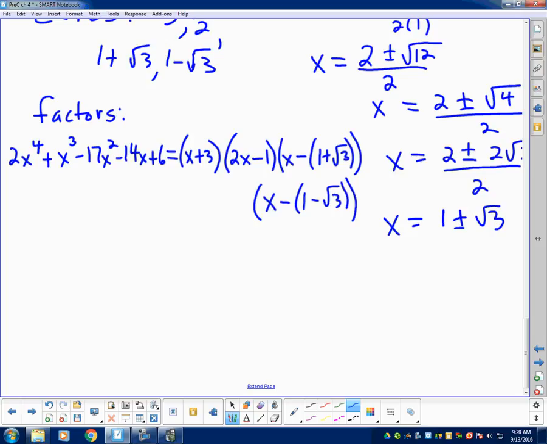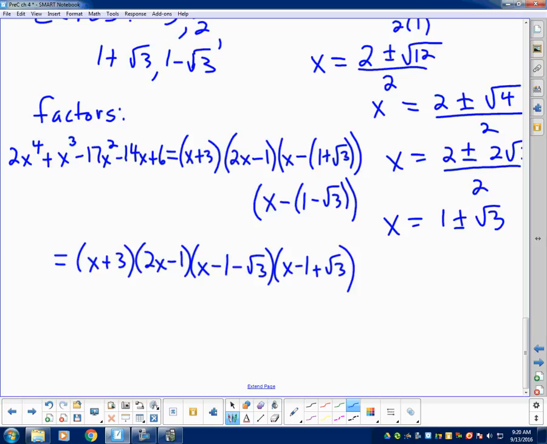I wrote it in this form: x plus 3, 2x minus 1, x minus 1 minus root 3, and x minus 1 plus root 3. Those are all the factors. We also have that factor of 2 in there as well, but I just sort of listed the factors.